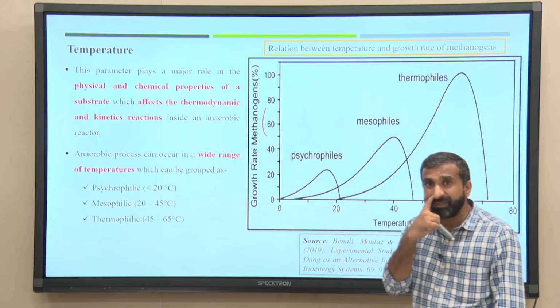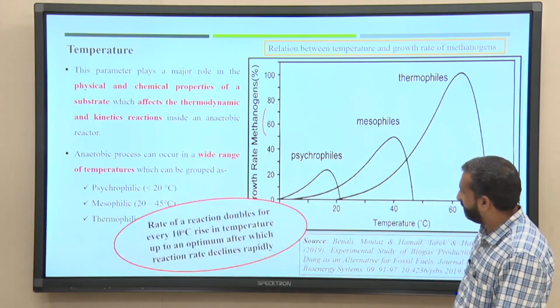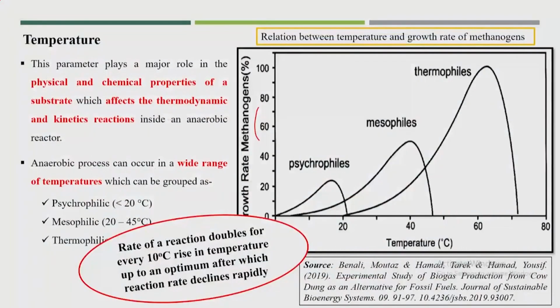More methanogens means more methane production in the process. The rate of reaction doubles for every 10 degree centigrade rise in temperature up to an optimum, after which the reaction rate declines rapidly.